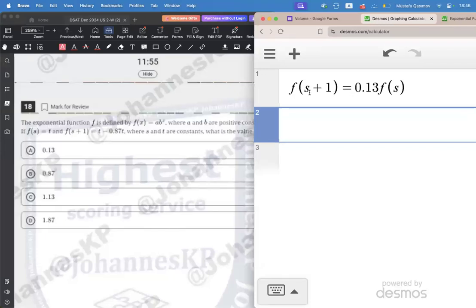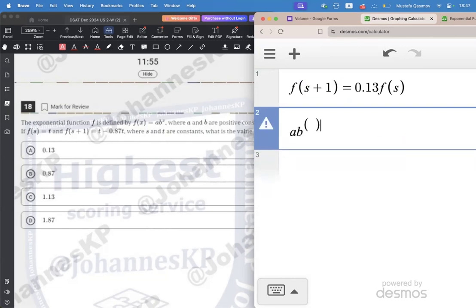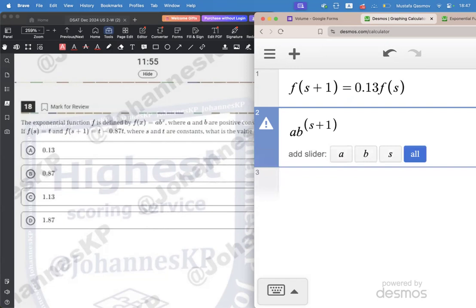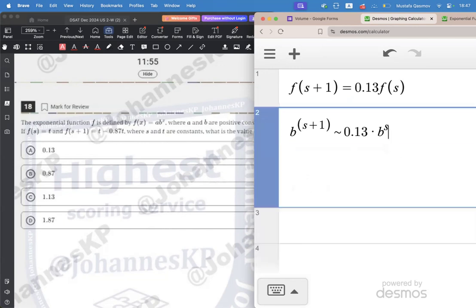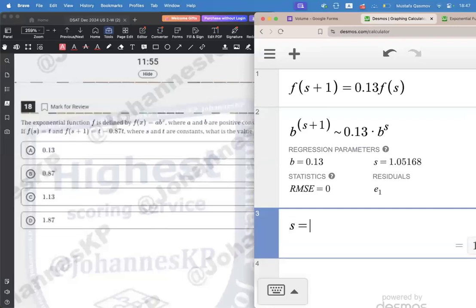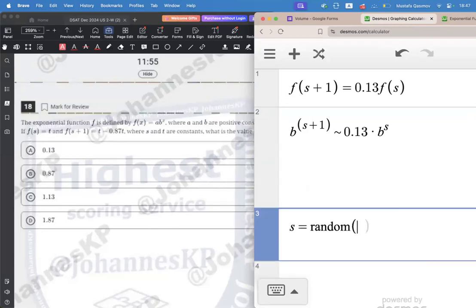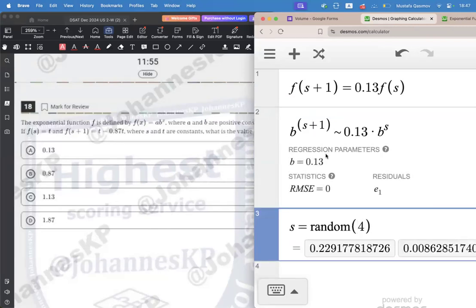Then we can write instead of f of s plus 1, ab to the power of s plus 1, like that, is equal to 0.13 ab to the power of s. Then you must eliminate a and a. Then you can find the value of b from here using just this way. So the answer is 0.13.